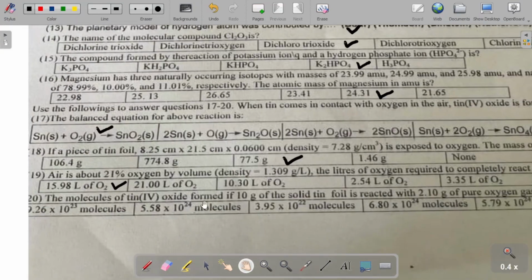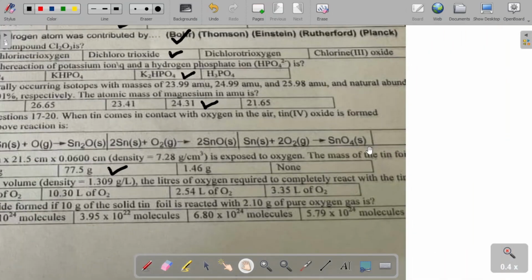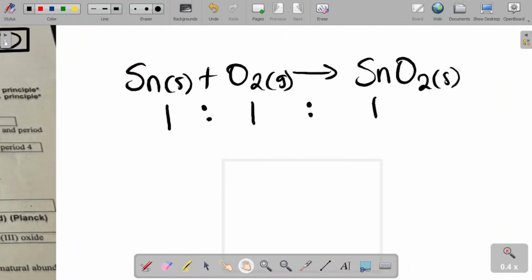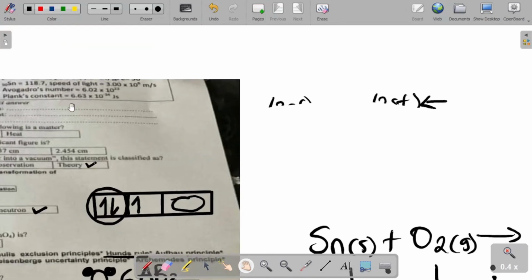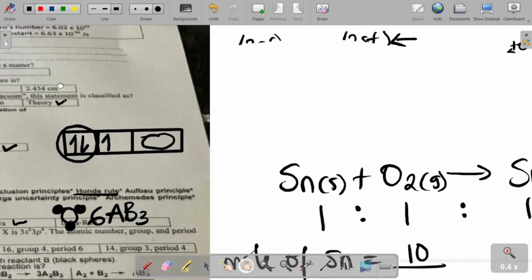Given the mass of tin as 10 gram, what would be the number of moles? The number of moles of tin is equal to the mass of tin, 10, all over the molar mass of tin. Again, given here is 118.7.